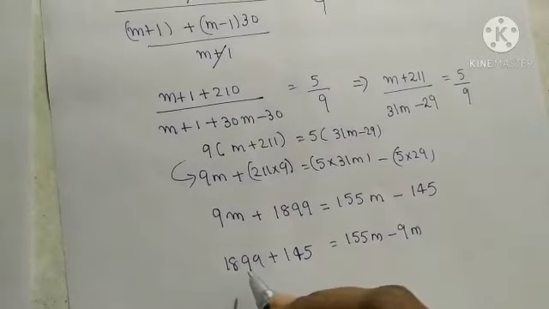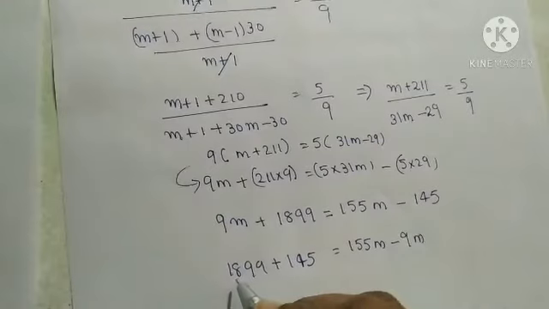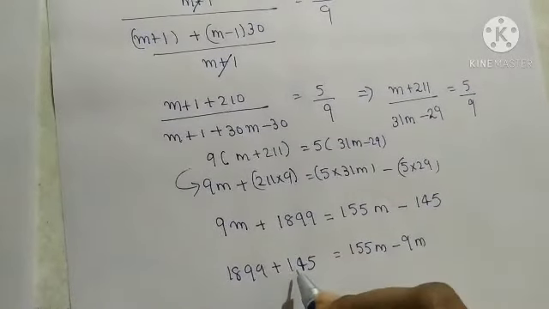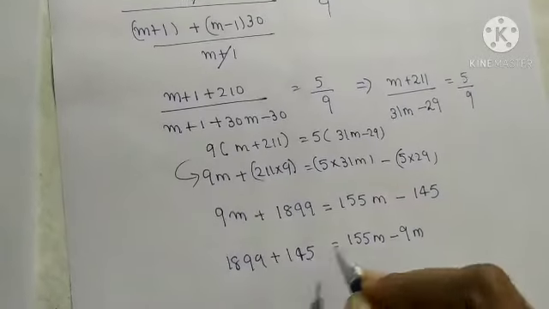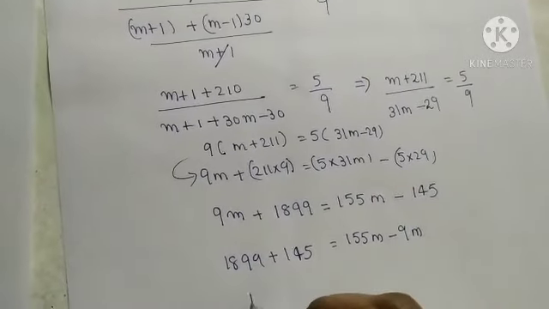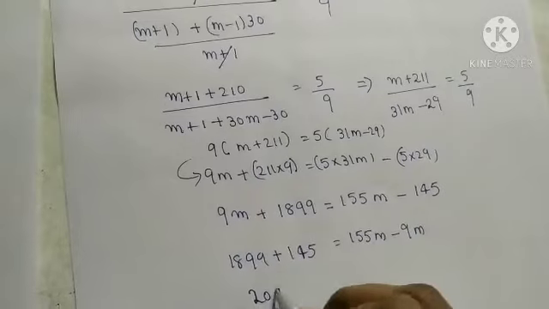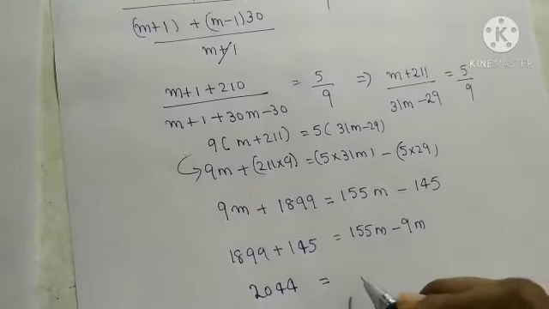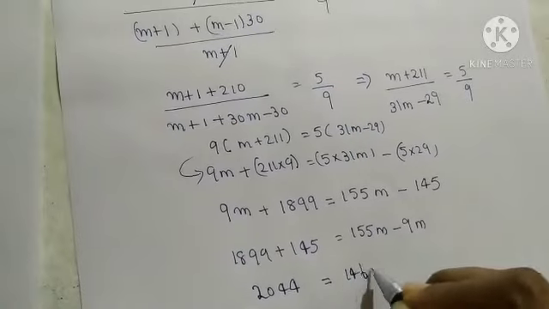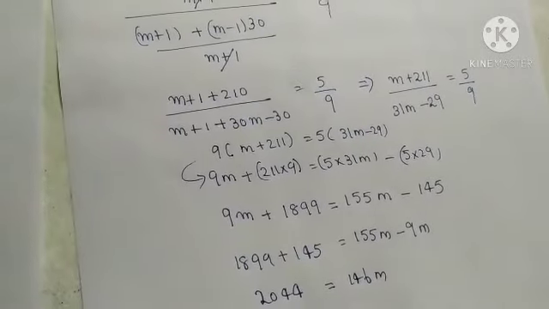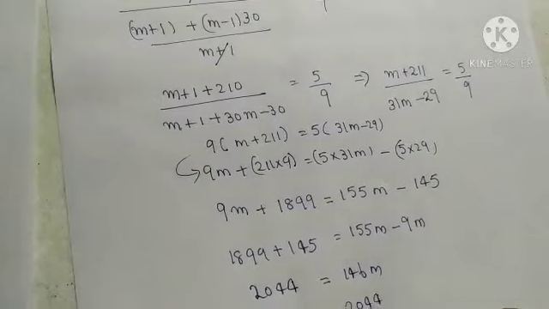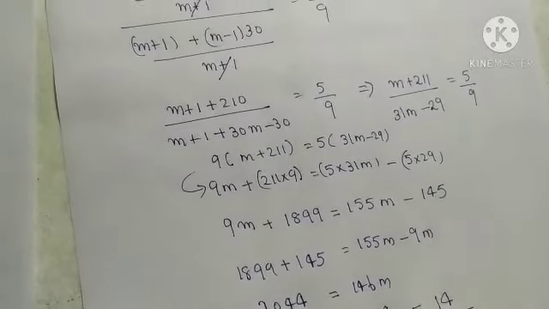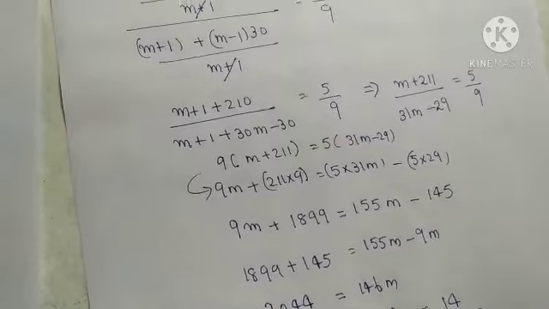So 1899 plus 145 becomes 2044, equal to 155m minus 9m, which is 146m. From this, m is equal to 2044 divided by 146, equal to 14. So the value of m is 14.